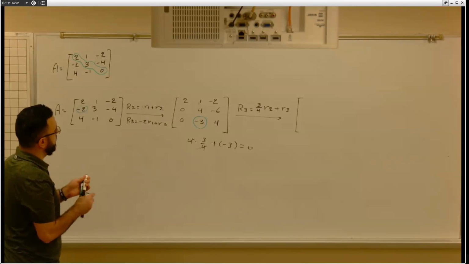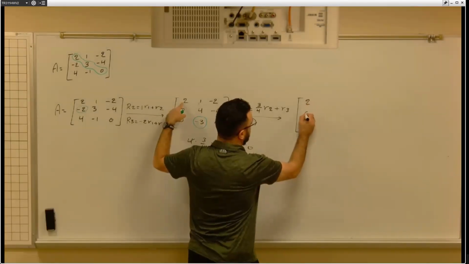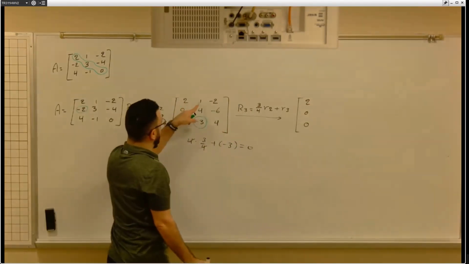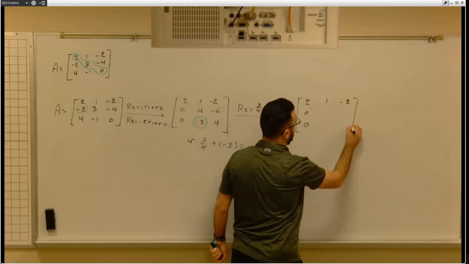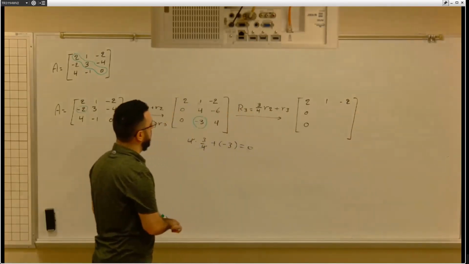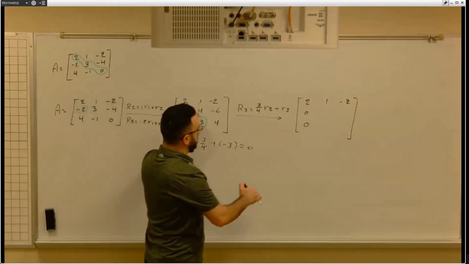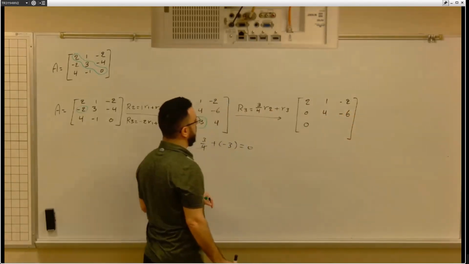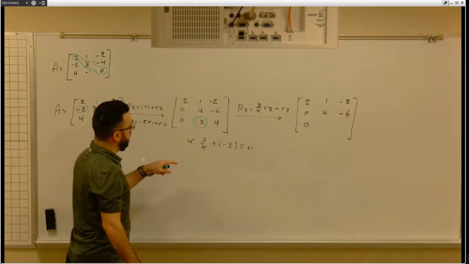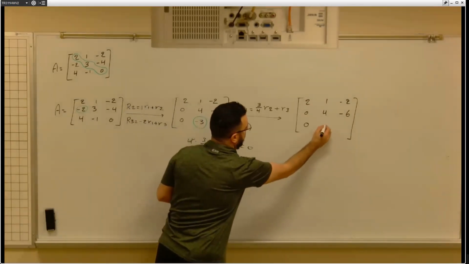So let's keep going. This is 2, 0, 0, 1, -1, and so 1, -2. Then keep this one 4, -6. Then if you multiply by 3/4 and add it to this one, it's going to be 0.